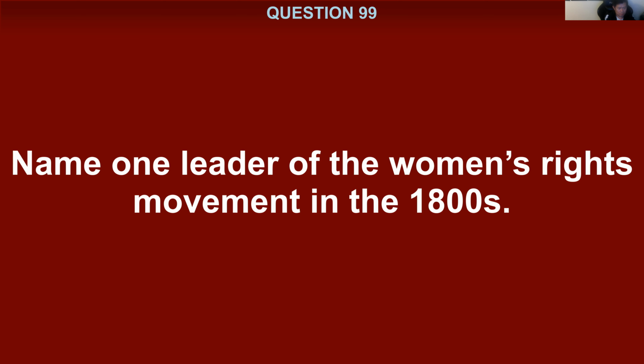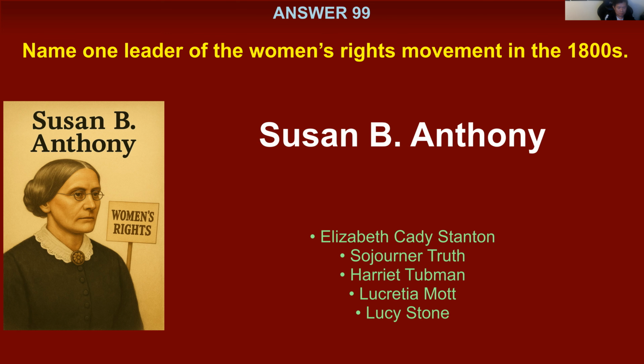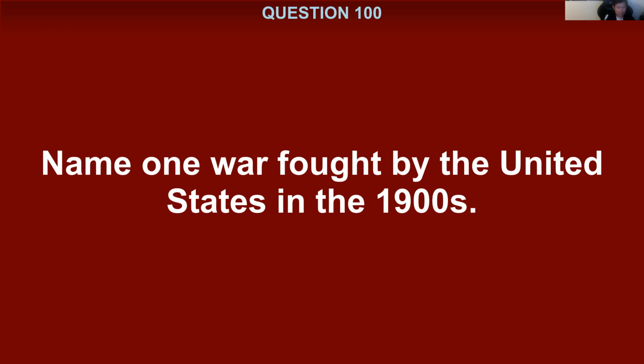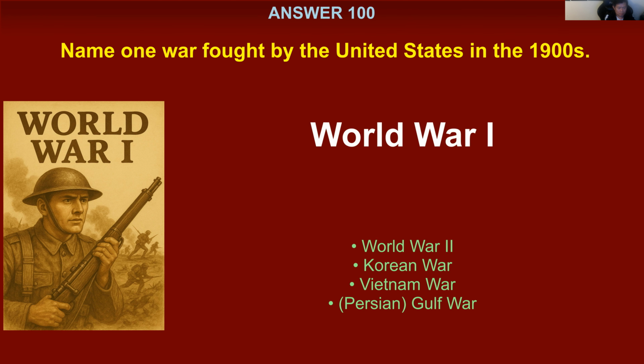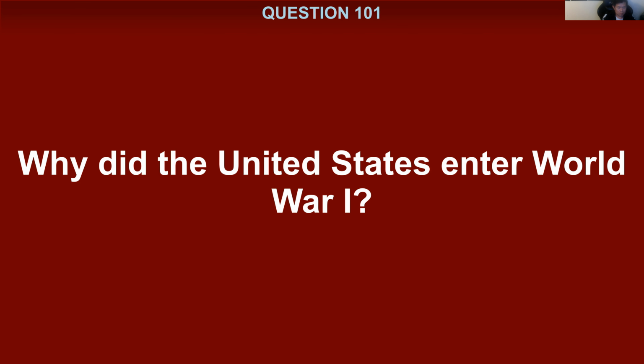Name one leader of the women's rights movement in the 1800s. Susan B. Anthony. Name one war fought by the United States in the 1900s. World War I. Why did the United States enter World War I?